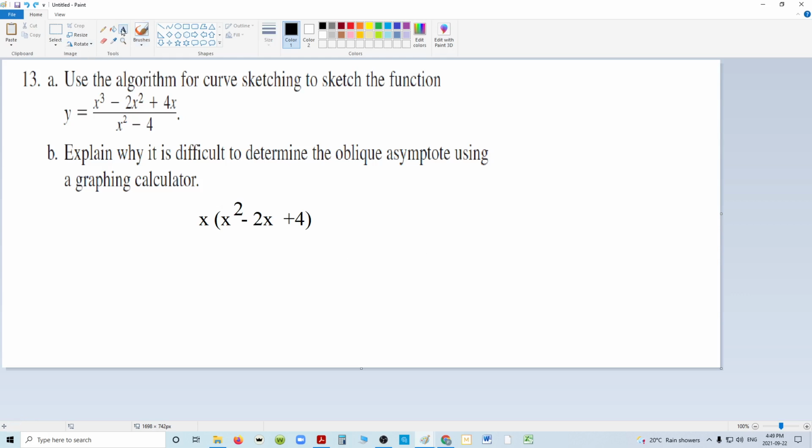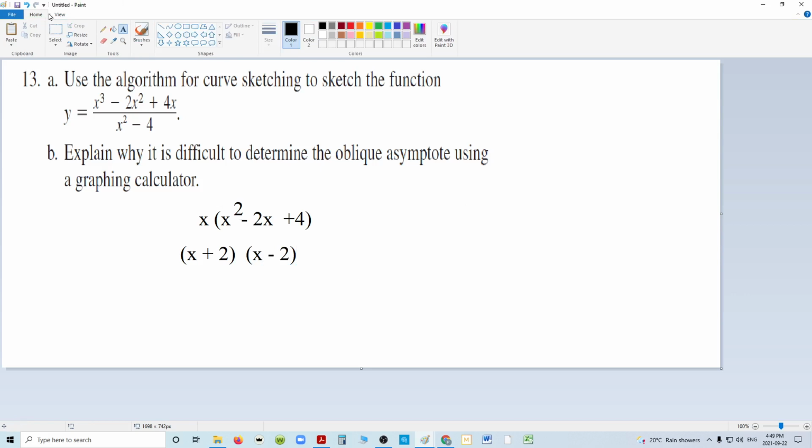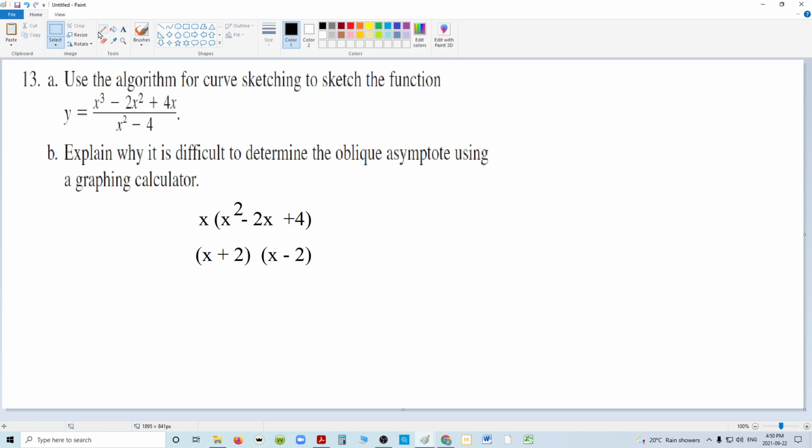Anyway, at the bottom, if we factor it, we get x plus 2 and x minus 2. All right. Now, it's saying how that'll help us determine a couple things.